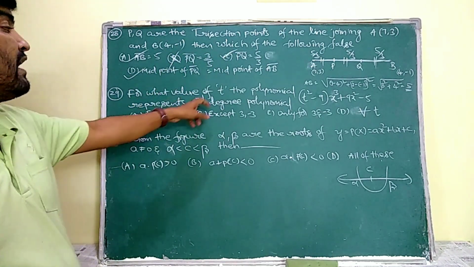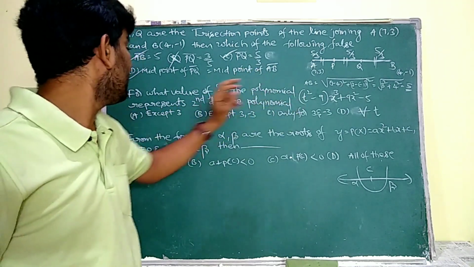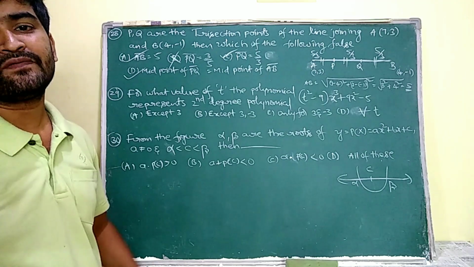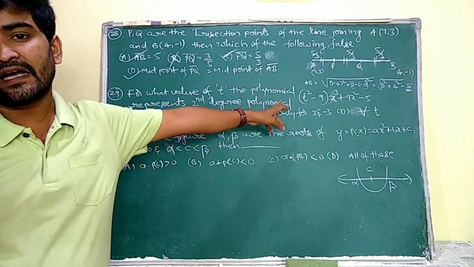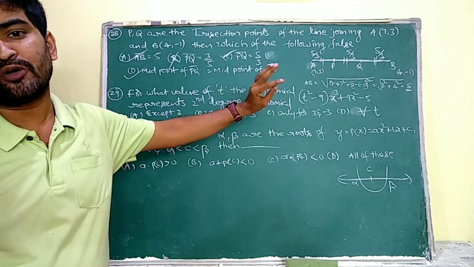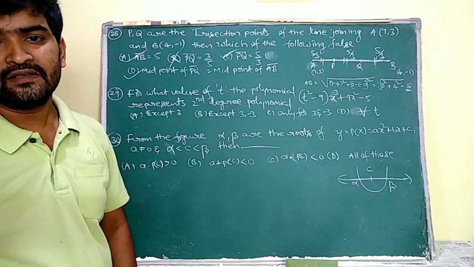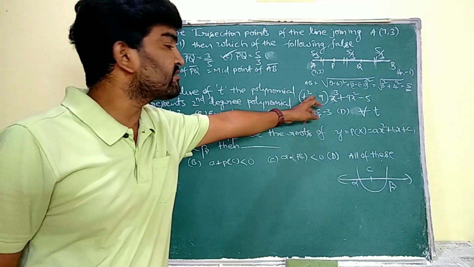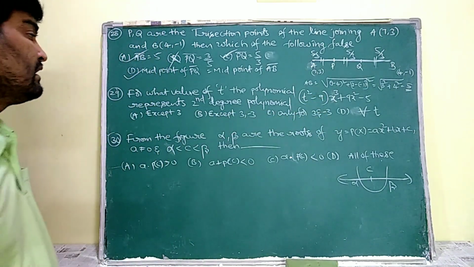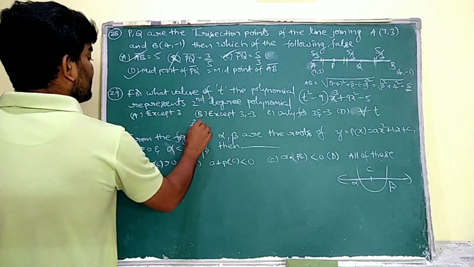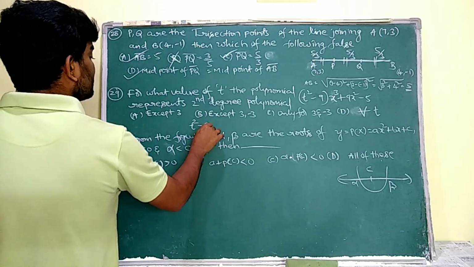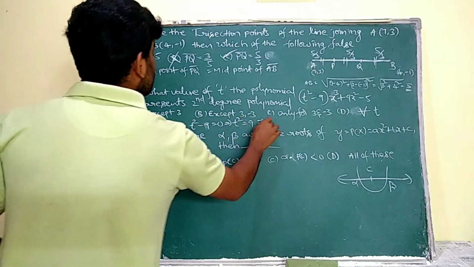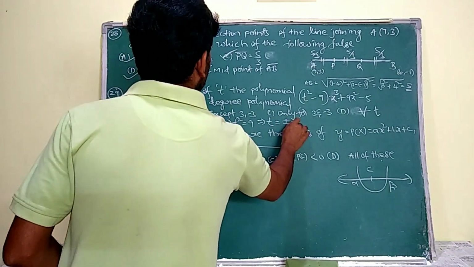Now, for what value of t does the polynomial represent a second degree polynomial is asked. We know that for the given polynomial to be a second degree polynomial, its third degree term must be eliminated. To eliminate the third degree, t square minus 9 is equal to 0. That means t square is equal to 9, which implies t is equal to plus or minus 3.